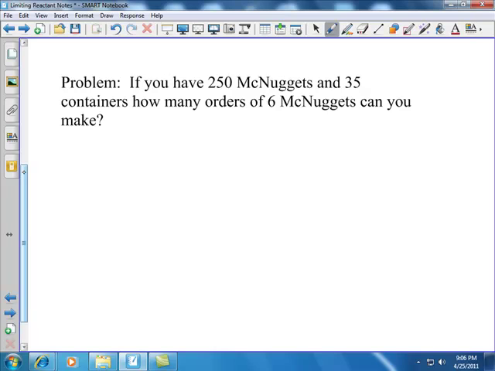And so you have 250 McNuggets, and you have 35 containers to put those McNuggets in. We want to know how many orders of six McNuggets can you actually make. This is really a limiting and excess problem.